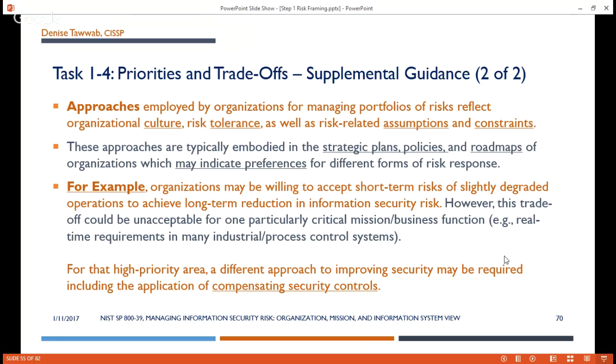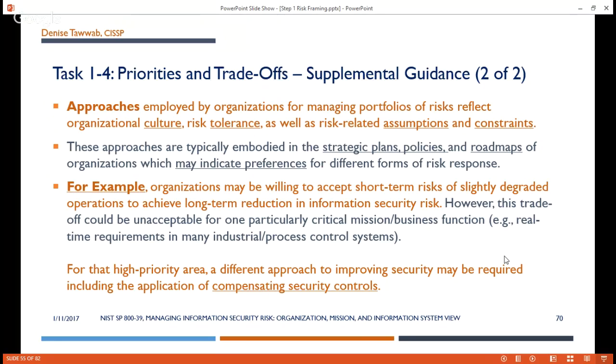However, this trade-off could be unacceptable for one particular mission business function that's critical, for example, real time requirements in many industrial process control systems. So it depends. Can you accept slower performance, for example, for having more security? It depends on your organization and what kinds of systems you're running.